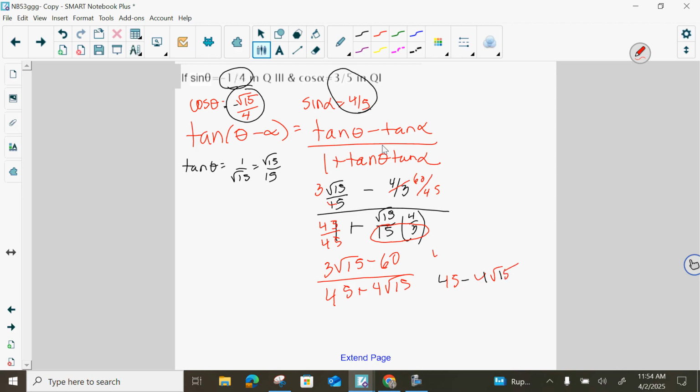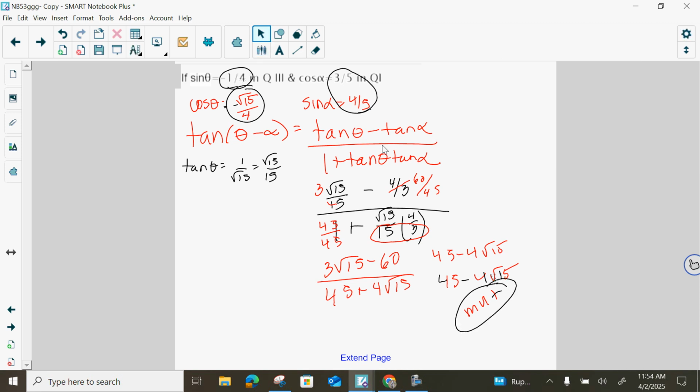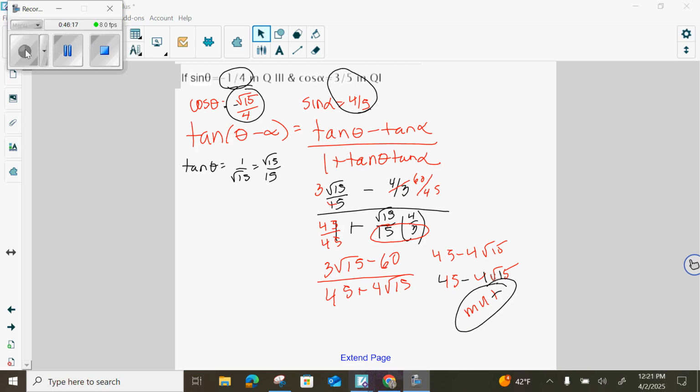Perfect spot to end, right? We would rationalize. I know you can all multiply. I wouldn't give you a tangent and a cotangent one because the pain in the butt is rationalizing it. Okay? All right. We'll continue when we get back.